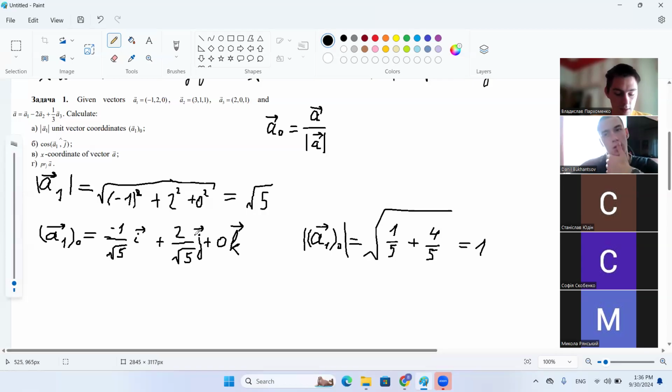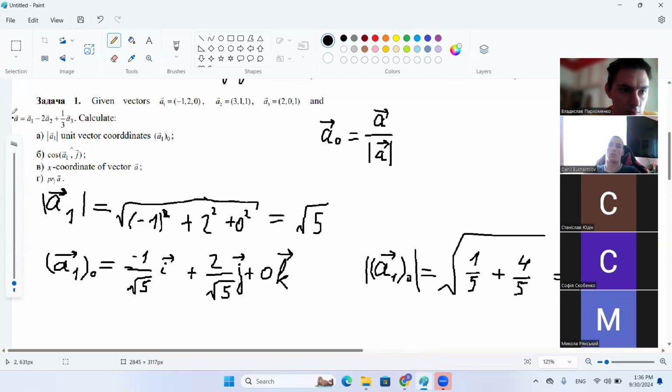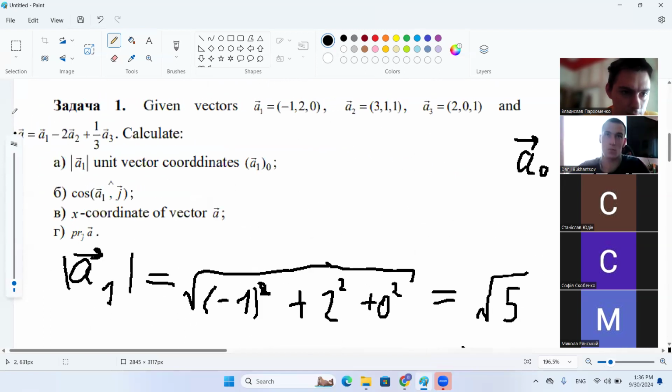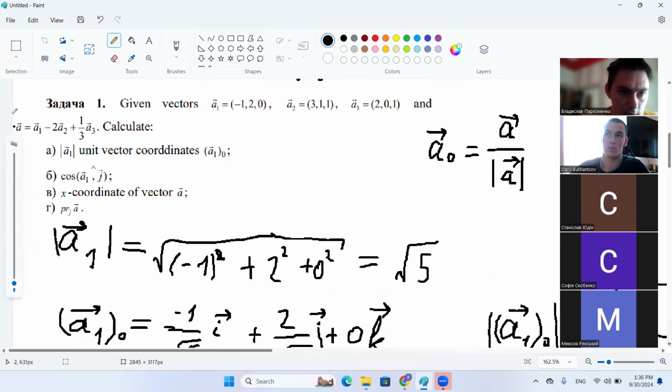Okay. And what about the angles between vectors? Let's keep it for now because we actually need to know the scalar product, but we won't do it today. And now let's calculate vector A. Let me zoom a little bit just to see it better.